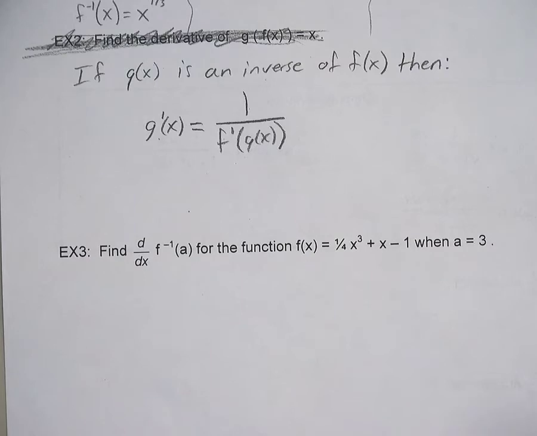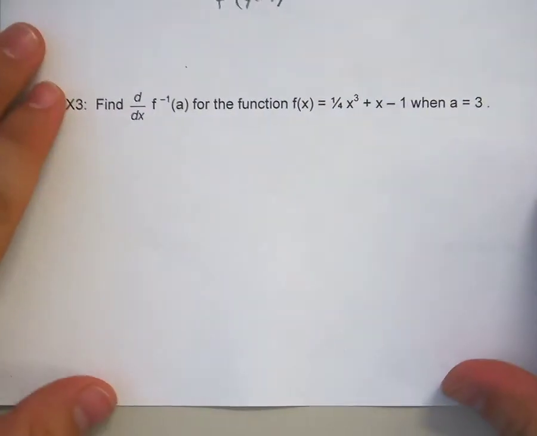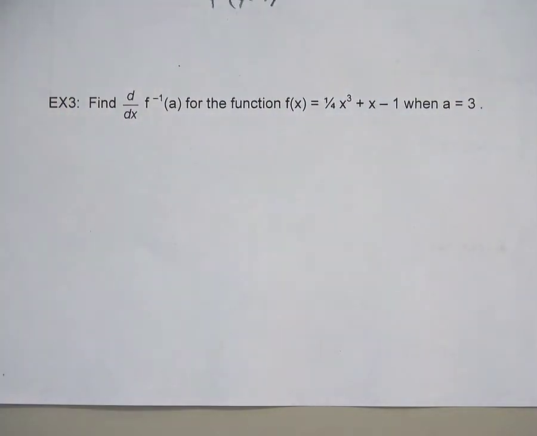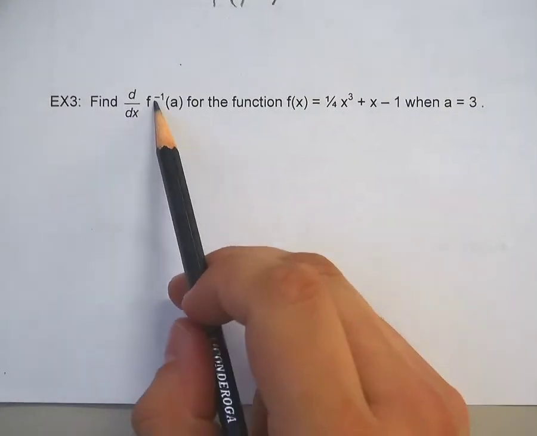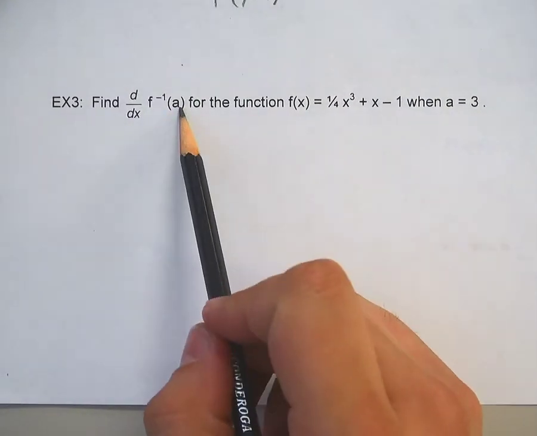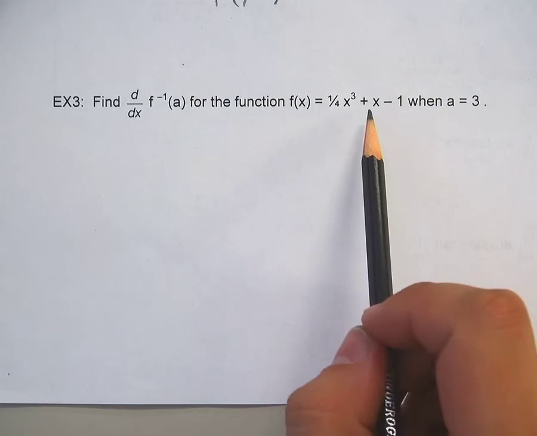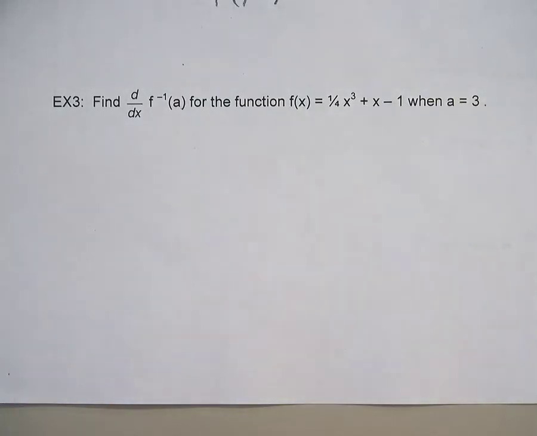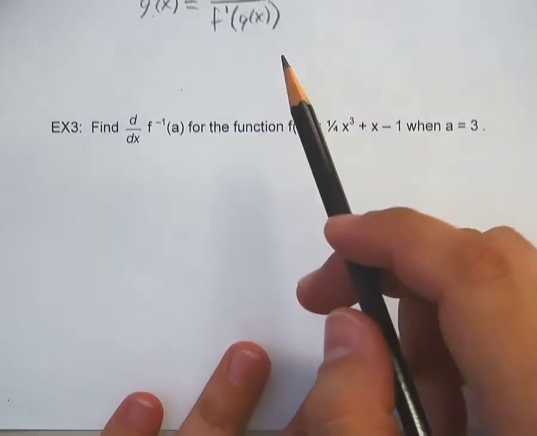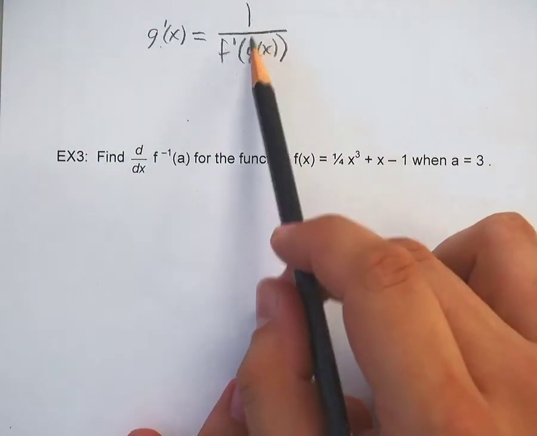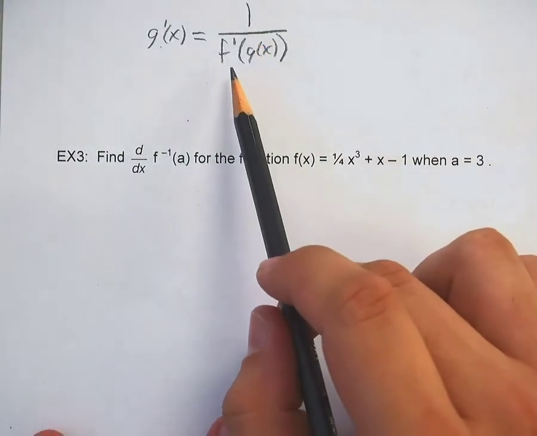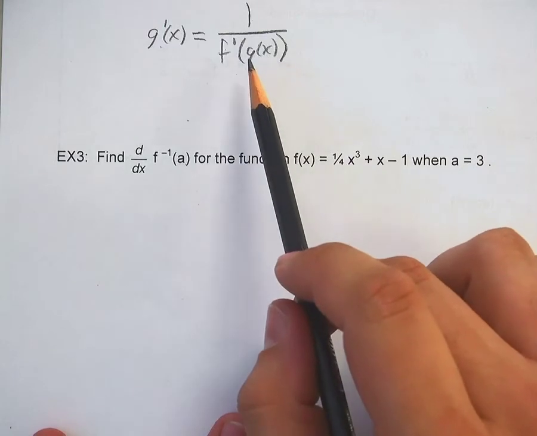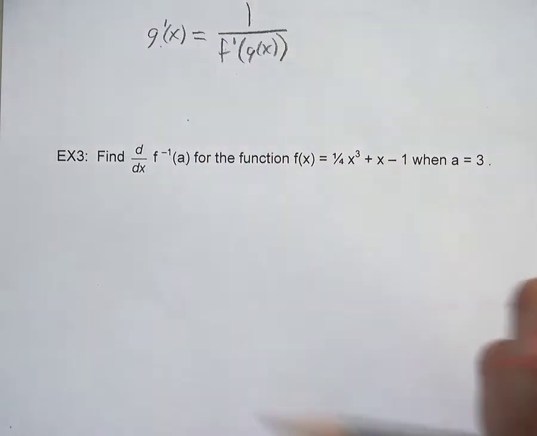So let me show you what I mean by this. Let's get this out of the way here. Perfect example. Number 3 says, find the derivative of the inverse of f at a for this function when a is 3. All right. So to fill in this guy, first I need to know what the inverse is, and I also need to know what the derivative is, right?